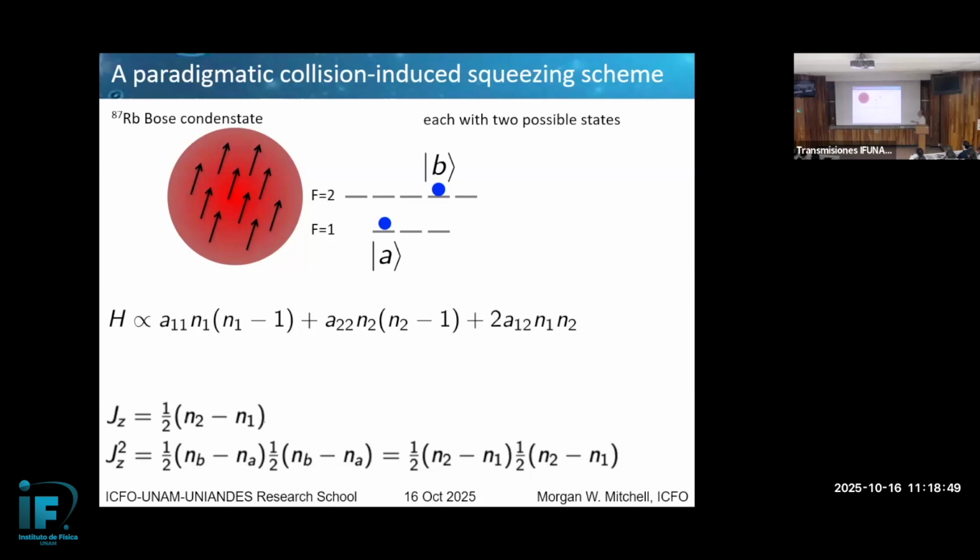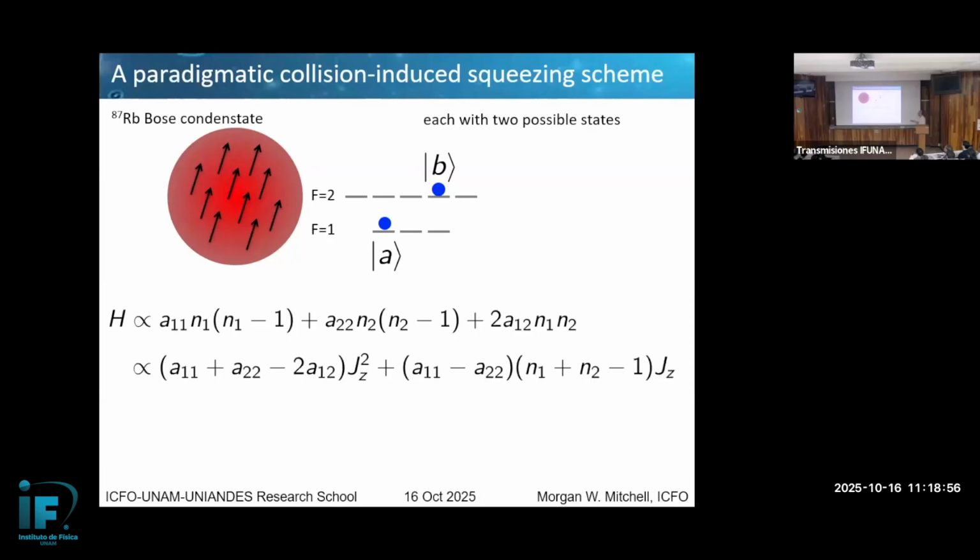Using those definitions, we can reorganize this, which is also a polynomial that's second order in N1 and N2, and we get that the Hamiltonian looks like this. It has a Jz squared in it, which is exactly what we wanted, and it has a prefactor which gets the contribution from these collisions and from these collisions and from these collisions. Then there's another term, which is Jz. So that means that in addition to the squeezing, there is going to be simultaneous rotation around the Z-axis.